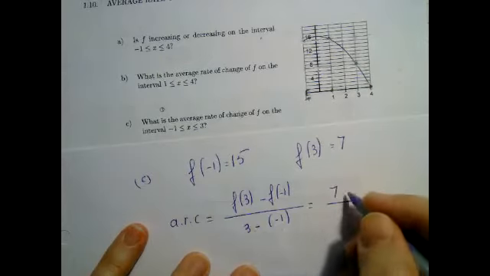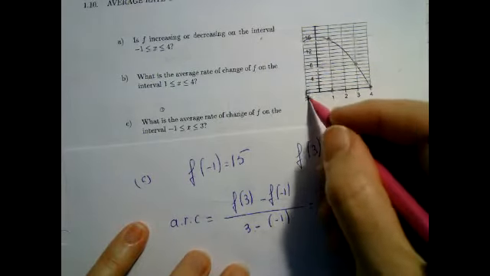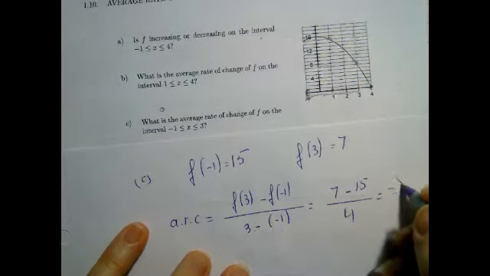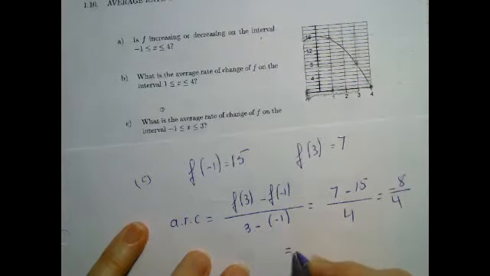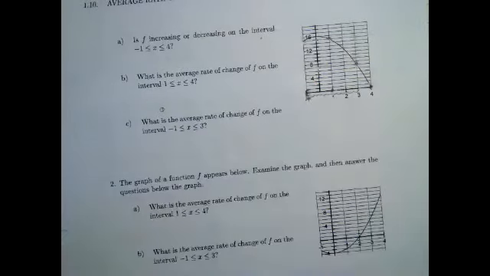So it's going to be 7 minus 15. Be very careful in the denominator. 3 minus -1 is 4. It means how much from here to here? That's the delta x. So finally, I will get -8 over 4, which is -2. So that's how we do this problem graphically.